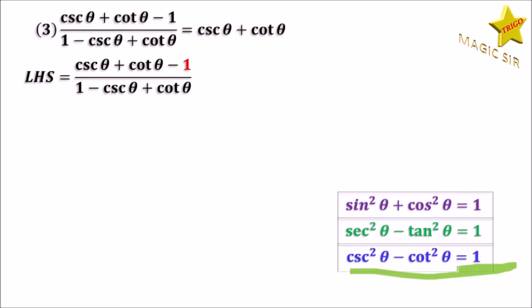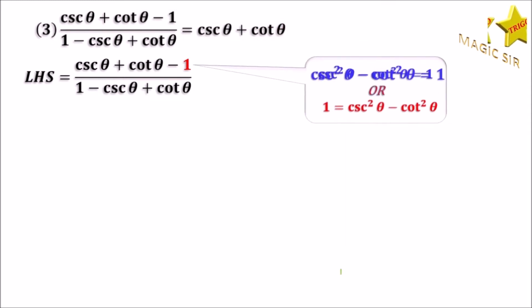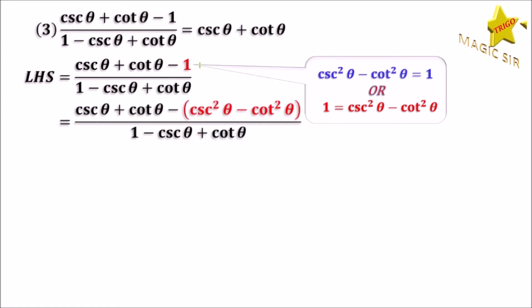Which formula is appropriate to use? It is cosec square theta minus cot square theta equal to 1, or 1 is equal to cosec square theta minus cot square theta. So we can replace 1 with cosec square theta minus cot square theta.